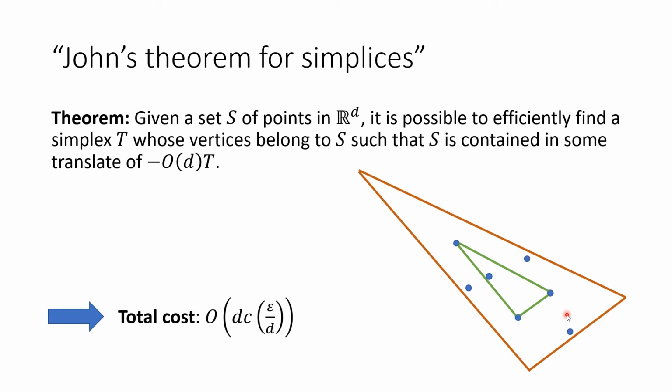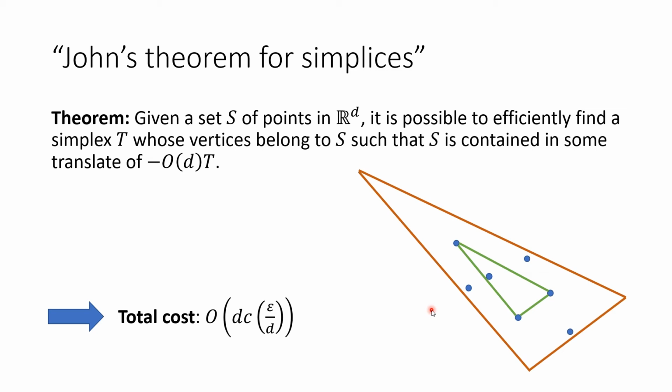So the main technical theorem in our paper is the analog of John's theorem for simplices, in fact. What we show is that given a set S of points in R^d, it is possible to efficiently find a simplex T whose vertices belong to S, such that S is contained in some translate of negative O of D times T, dilated by a factor of O of D and reflected.